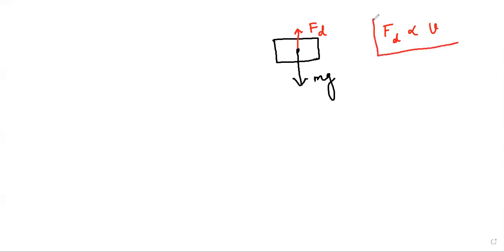Let us consider fd proportional to v in our case. With respect to time, the velocity will increase, and as the velocity increases, the drag force will also increase. So the net force, F net, is equal to mg minus the drag force fd.